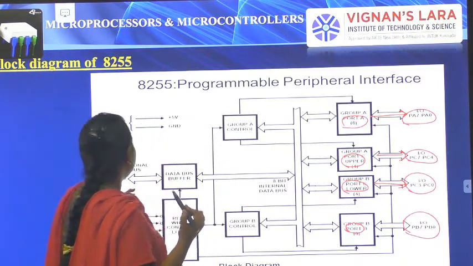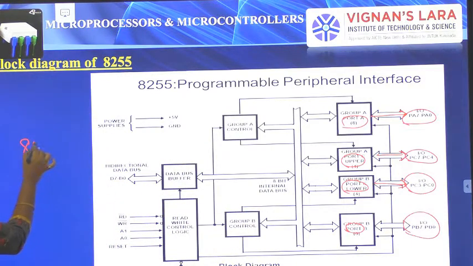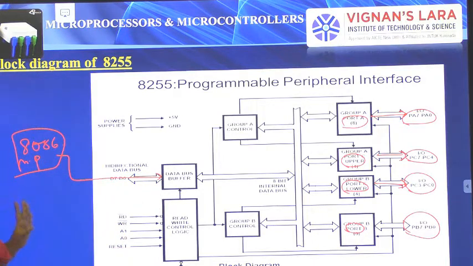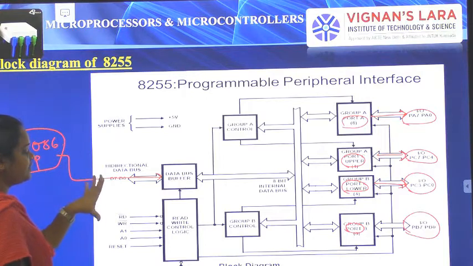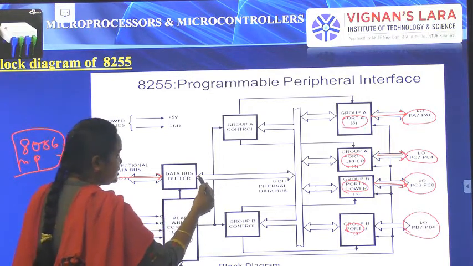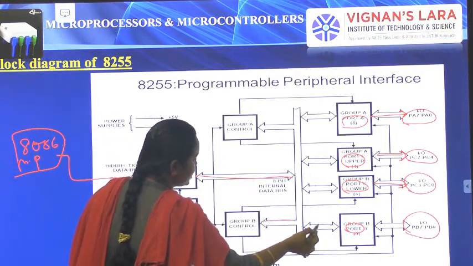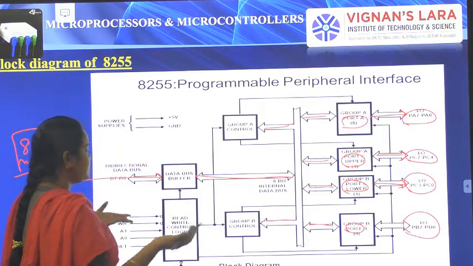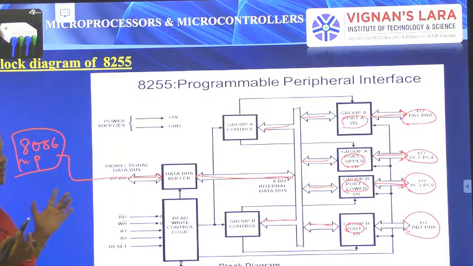Here, whatever the information from the 8086 microprocessor is sent to the 8255 by using the data bus D0 to D7. These are bidirectional buses. That means the information is sent from input and output devices to the 8086, or from the 8086 to input and output devices, whatever the direction.